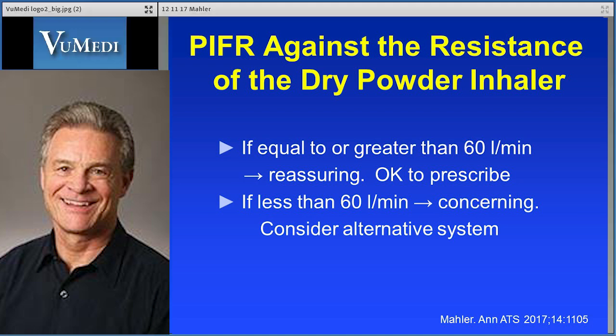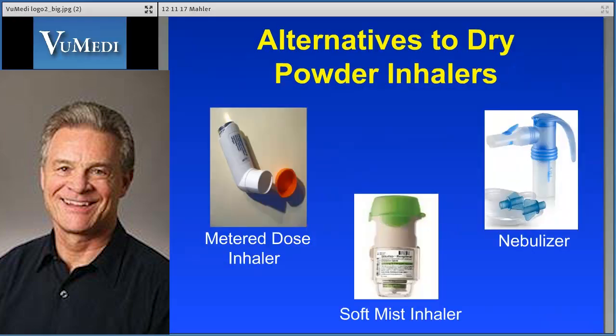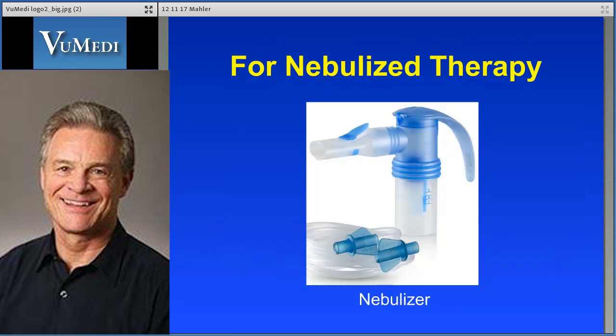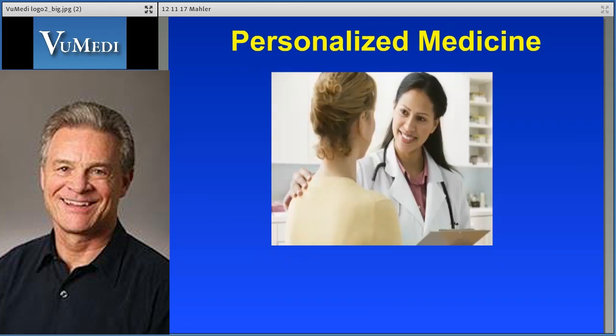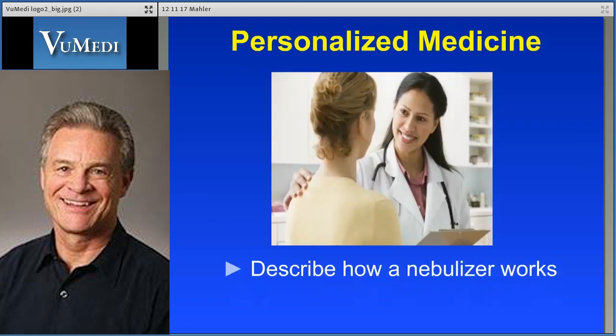If it's less than 60 liters a minute, it is concerning, and the healthcare professional should consider an alternative system. These are shown here: metered dose inhaler, soft mist inhaler, and nebulizer. For nebulized therapy, describe to the patient how a nebulizer works and provide written instructions.